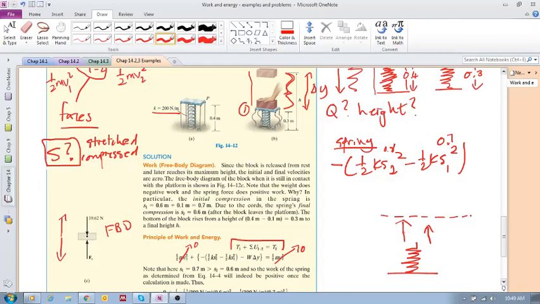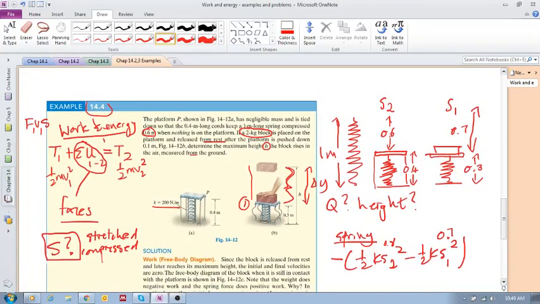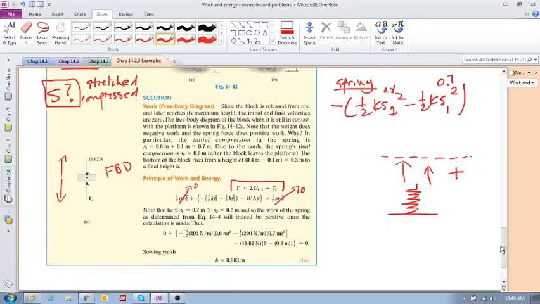So because of the dot product, if they're both in the same direction, we have positive work. In this case, the spring is moving from a 0.7 compression to a 0.6 compression. It's moving towards equilibrium, so it should do positive work. That is one way to check if what you've done here is correct.